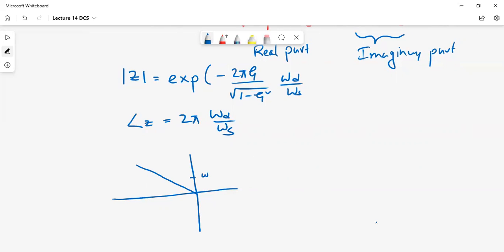So omega s by 2, omega s, and we have a few other parameters like omega d. These correspond to two things: one is your frequency or angle as well as your magnitude. Okay, so this is what we have to keep in mind. Both of them are actually involved.